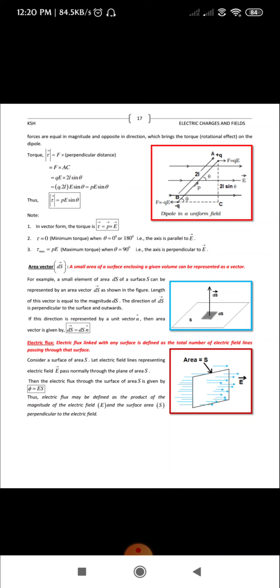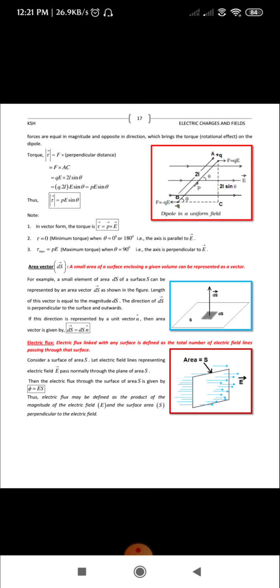Okay. So except for the torque, the rest of the part I have explained. See here, the force experienced by the positive charge will be towards the right side, and the force experienced by the negative charge is towards the left side. As you can see, both forces are equal in magnitude and opposite in direction.